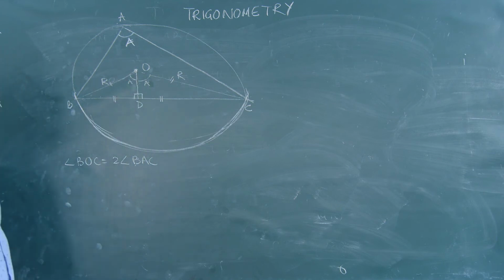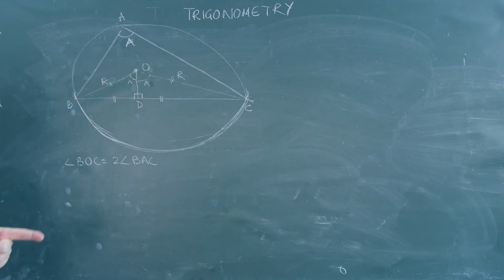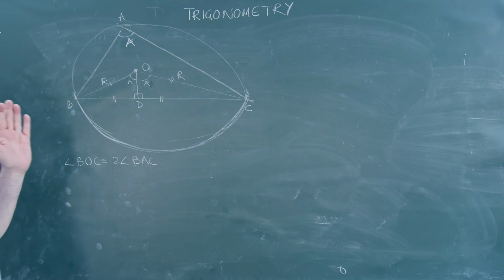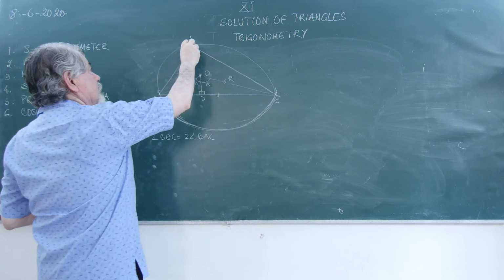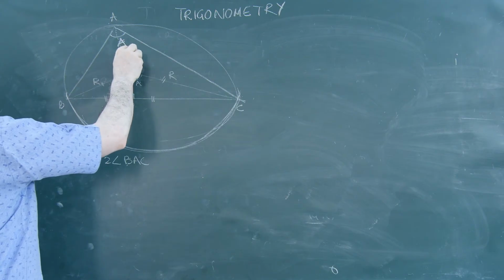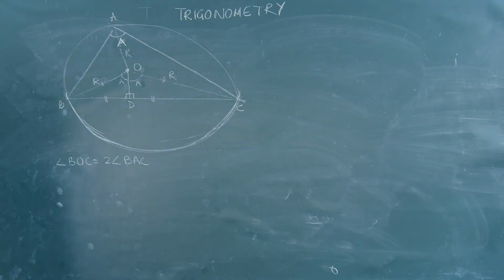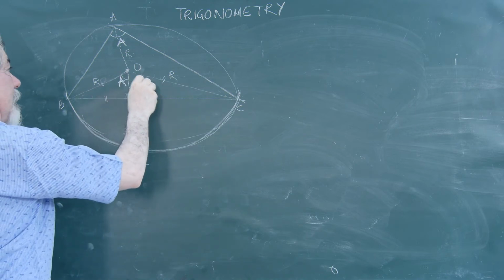That is another property of the isosceles triangle: a perpendicular drawn from the vertex to the opposite side bisects the vertical angle as well. Now this is R, this will also be R. If I join this, it will also be R. It is called the circumradius. This angle is A, this angle is A.